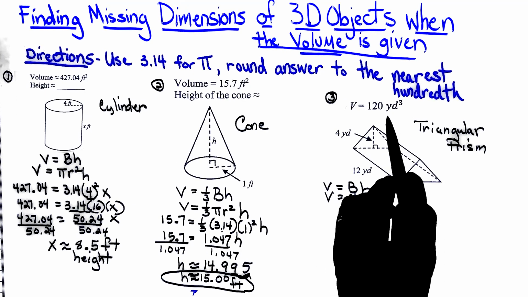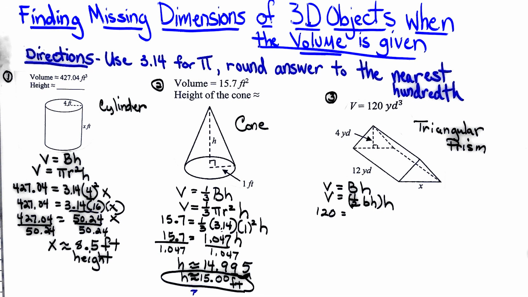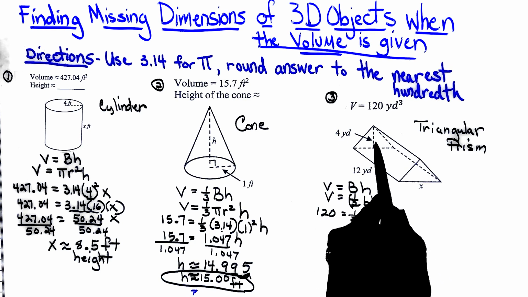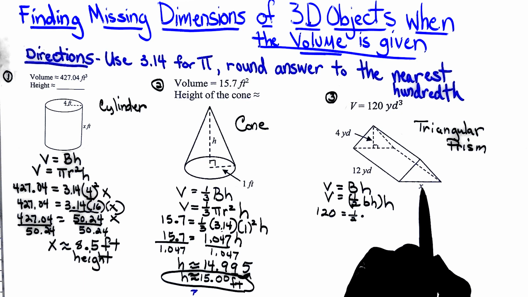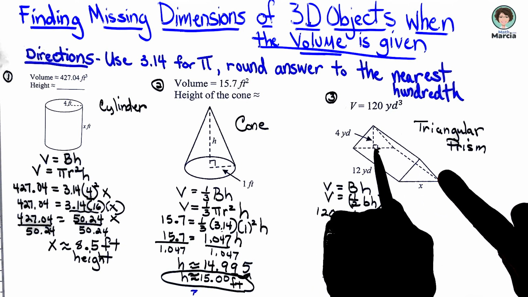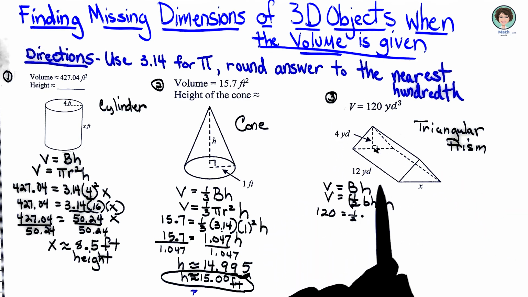All right, well, they gave us 120 for the volume. And now this is where we're going to start substituting in our values. And it's 1/2 times, and I'm looking, here's my height. Well, this has an x there. And guess what? Since that x is there, we do not know the base of our triangle.